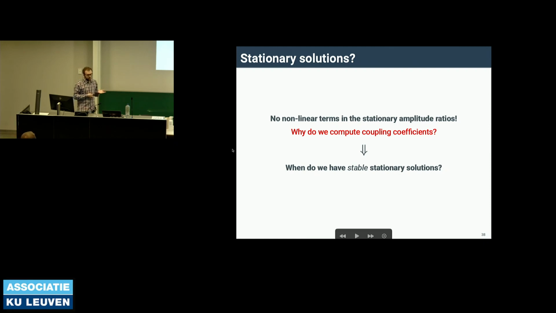When do we have stable stationary solutions? And by stable stationary solutions, I mean, let's say your system has attained your stationary solution. What happens if we then perturb it outside of that stationary solution? Does it return to the stationary solution or not?